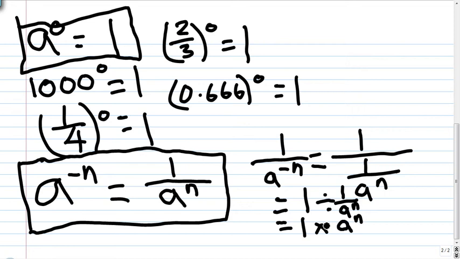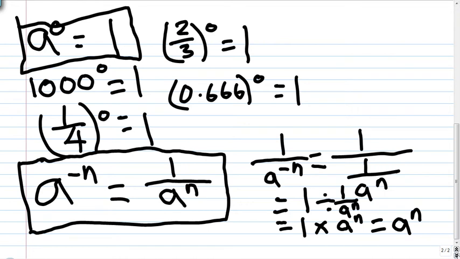You flip it over when you change signs, and then you get a to the power of n. Basically this is our little introduction to indices.